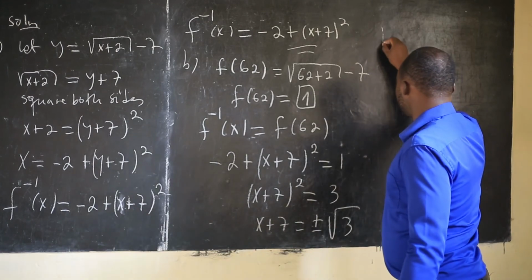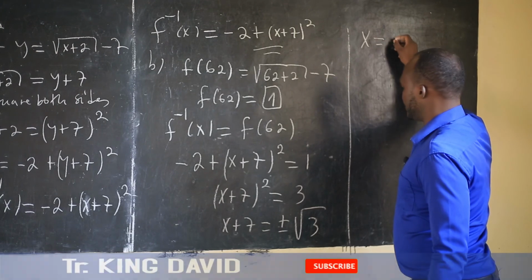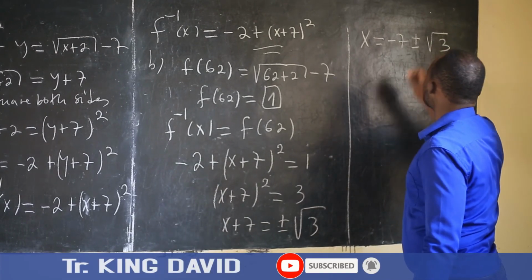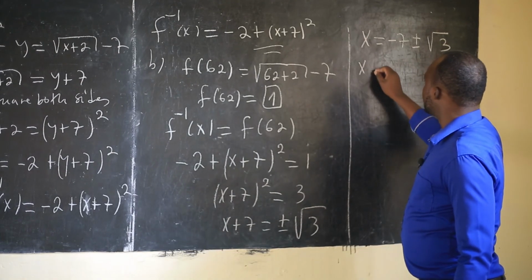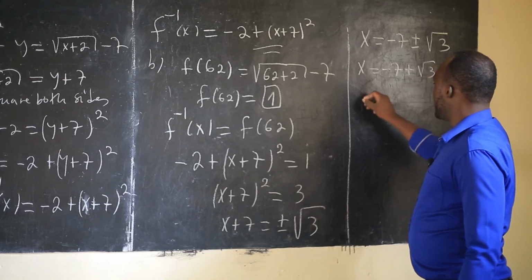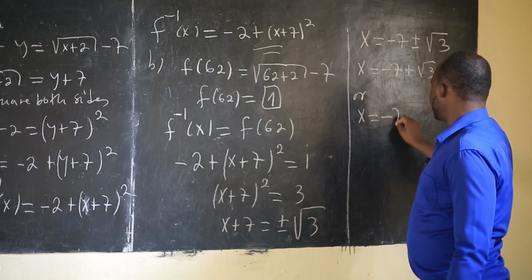So what does it mean? It means that our x will be equal to negative 7 plus or minus root 3. So x will be negative 7 plus root 3, or x will be negative 7 minus root 3.